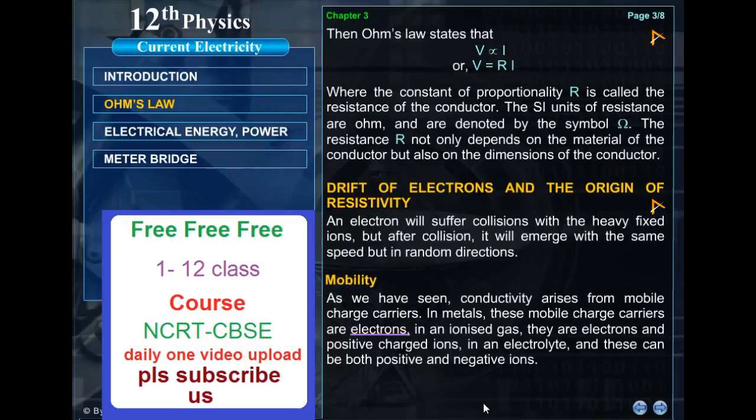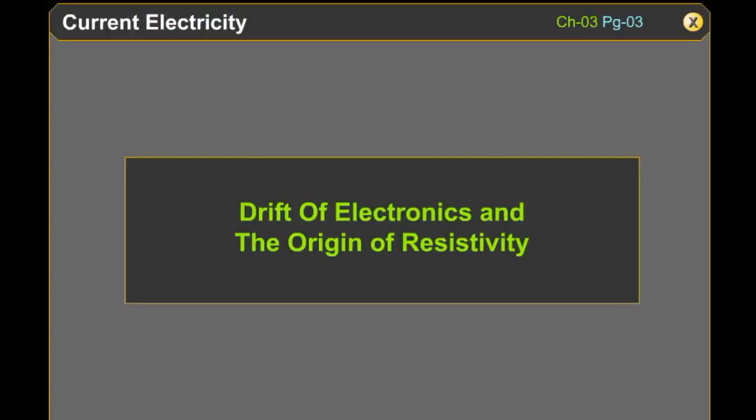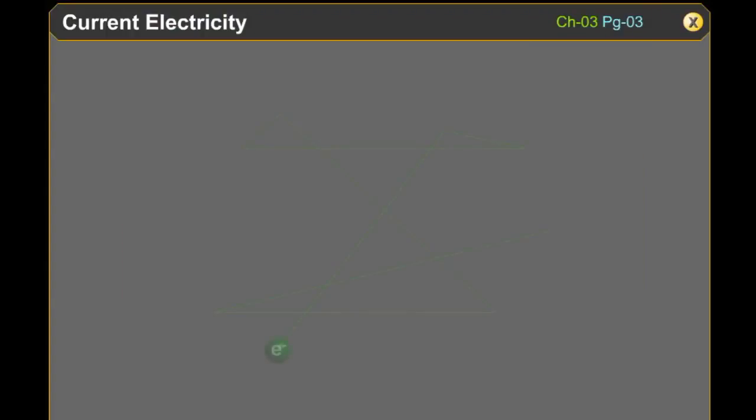drift of electrons, and the origin of resistivity. In this animation, the full line shows the electron moving from a point A to another point B through repeated collisions and straight line travel between collisions.